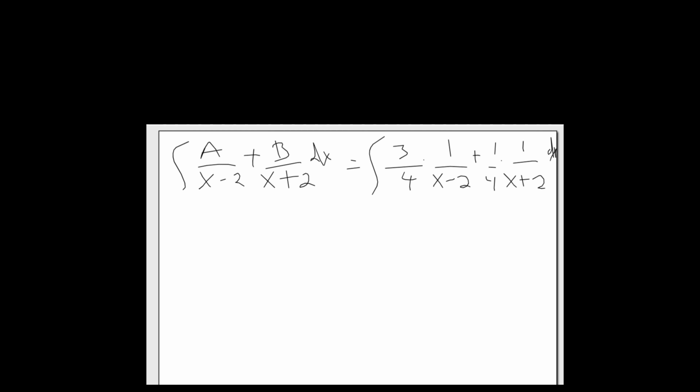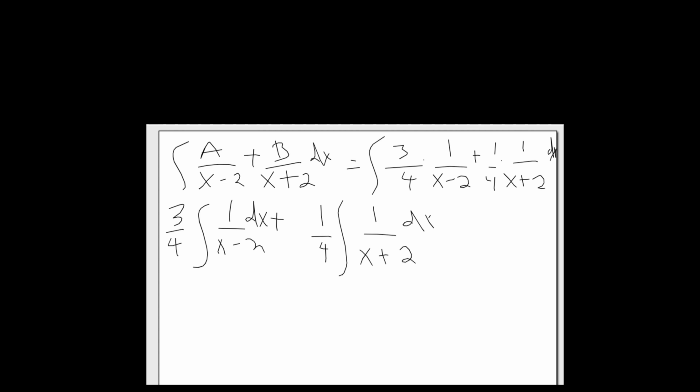Now we can easily find the integral of this because we know that when there is the first power of x in the denominator, the antiderivative is just the natural logarithm. So now we have 3 over 4 times the integral of 1 over x minus 2 plus 1 over 4 times the integral of 1 over x plus 2 dx.